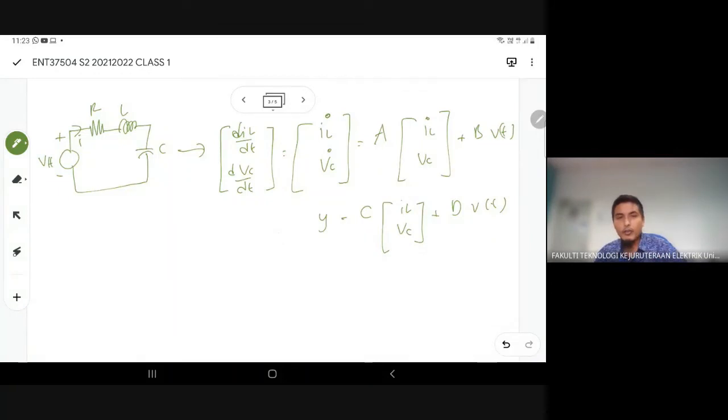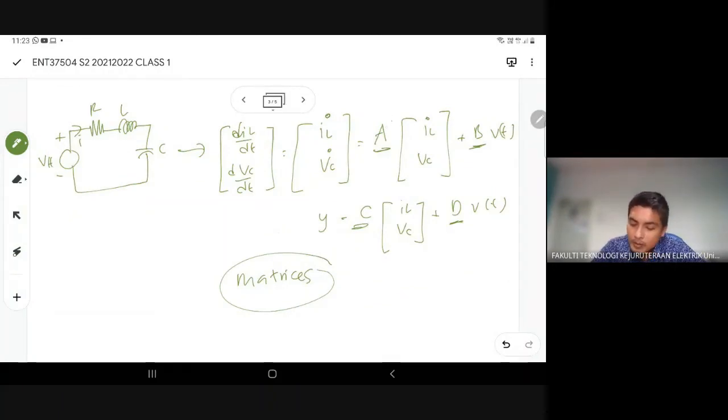So that's the reason, according to the state space definition, that A, B, C, D are matrices. Why do they become matrices? Because of this x dot. In this case, because there are two x dot here, it will become a 2 by 2 matrix.